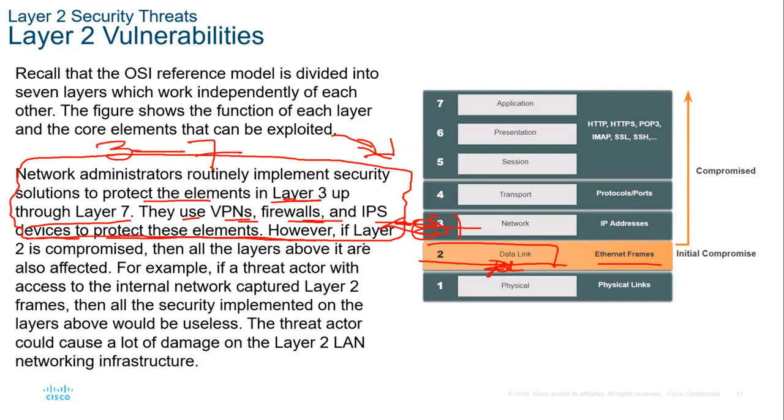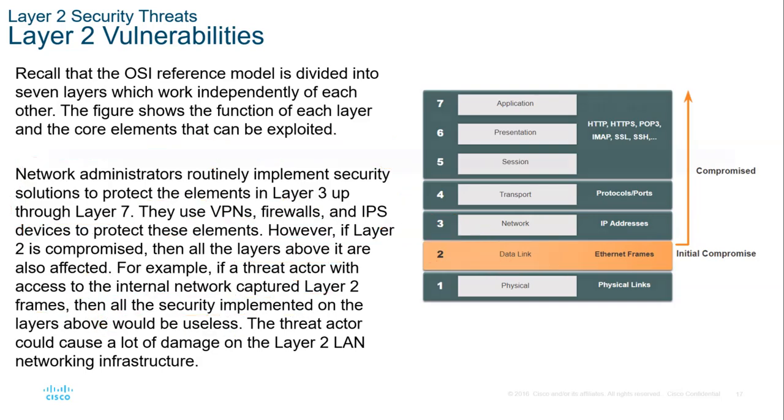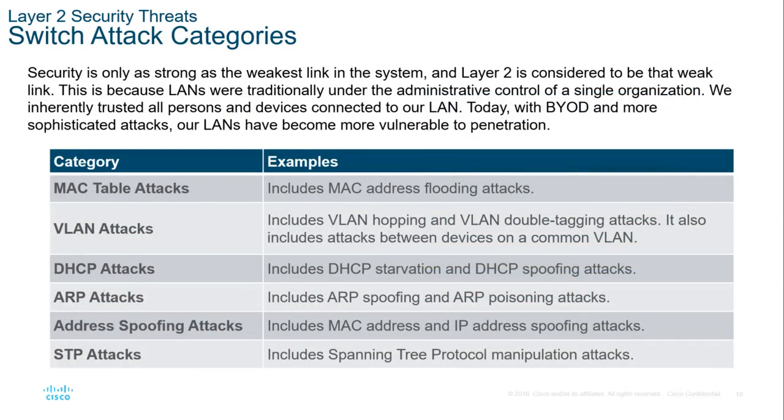However, if layer 2 is compromised, then all the layers above it are also affected. For example, if a threat actor with access to the internal network captured layer 2 frames, then all the security implemented on the layers above would be useless. So layer 2 still has to be protected.